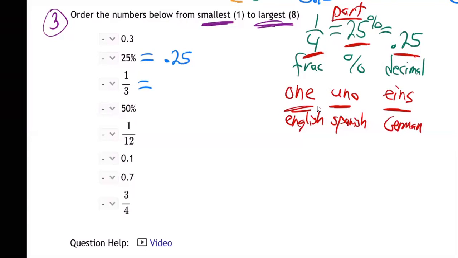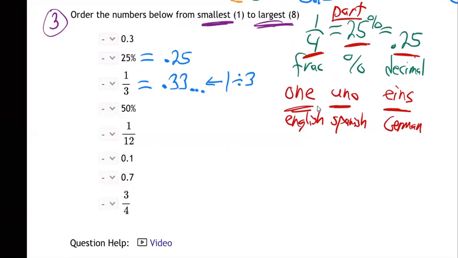And I'm going to take 1/3. How am I going to change 1/3 to a decimal? You divide it. Yeah, just on your calculator. Just 1 divided by 3, and you'll get 0.33.